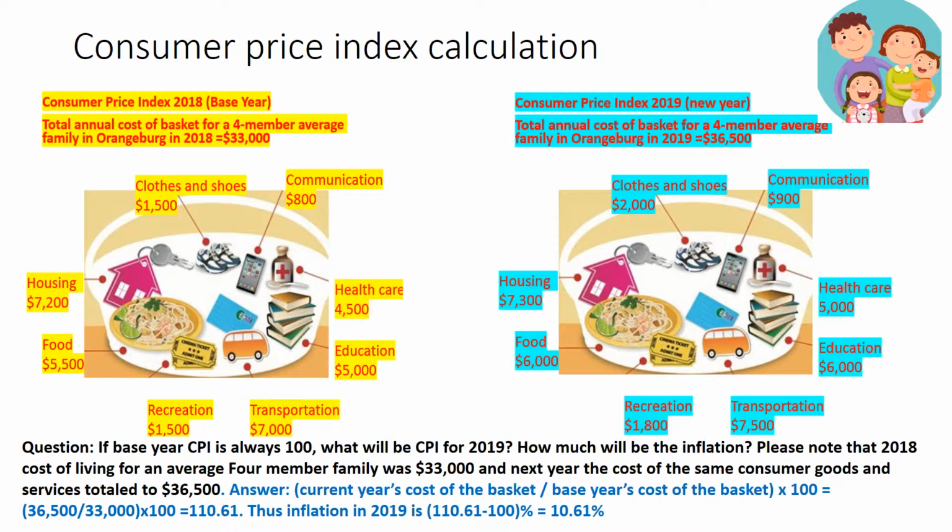So let's see how much was the base year's cost of these four-member average family's essential expenditures. It looks like in 2018, this family's annual housing cost was $7,200, and food expenditure was $5,500. Recreational expenditure was $1,500, and transportation cost was $7,000 because two people go to work over a long distance, I believe.